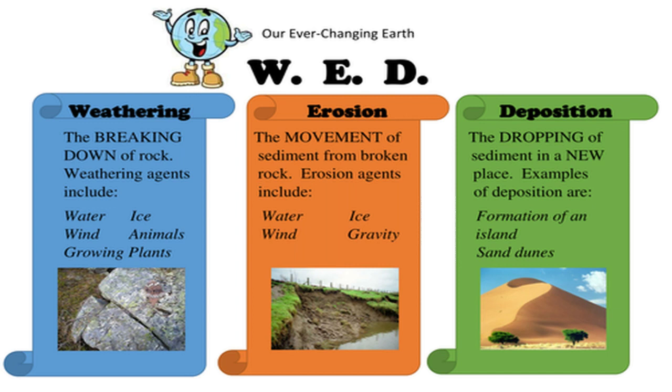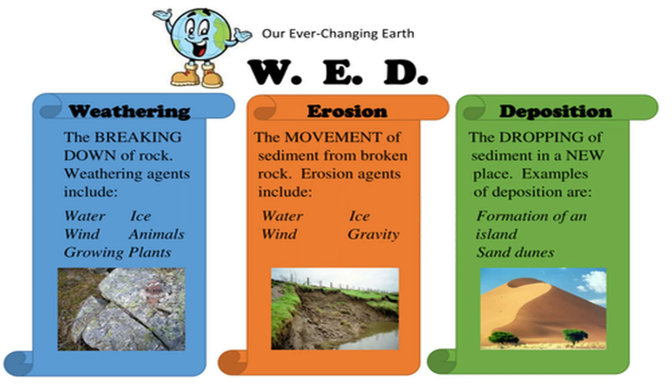Besides geological formations, a number of processes, such as weathering, have shaped it. Weathering is nothing but the breaking down of rock. Weathering agents include water, ice, wind, animals, and growing plants. Another process is erosion. Erosion is the movement of sediment from broken rock.